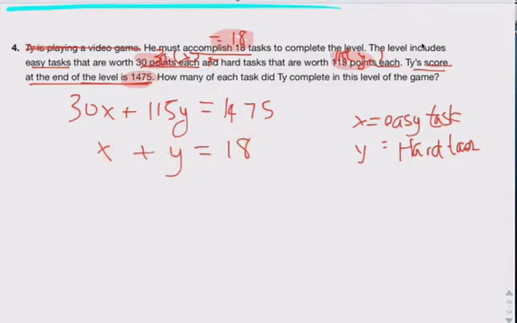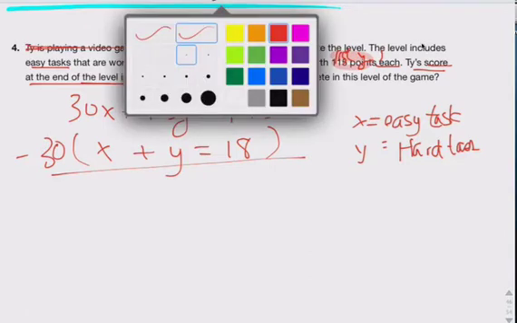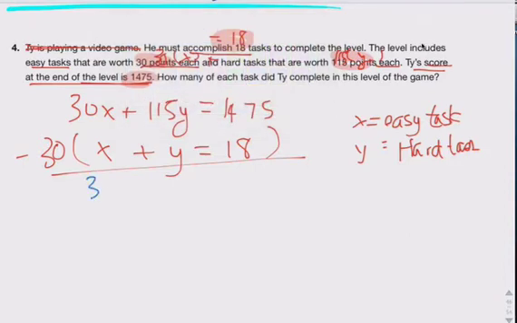Same thing. You solve this by using elimination. That means you multiply it all by negative 30, and you distribute. You multiply it all. Eliminate. So you get 30x plus 115y equals 147.